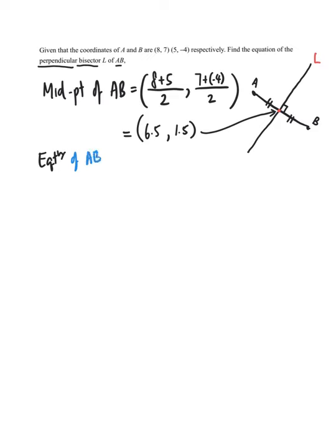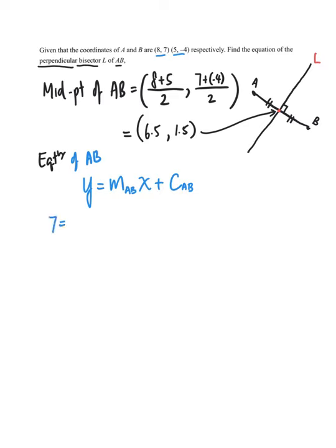The equation of AB is y equals m, the slope of AB, x plus c, which is also the value for AB. So from now on, y equals mx plus c, because we are talking about the line AB. Underneath m and c, we write down AB. Now we can put in those 2 points that we have for the line AB one by one, and we can get a simultaneous equation pair.